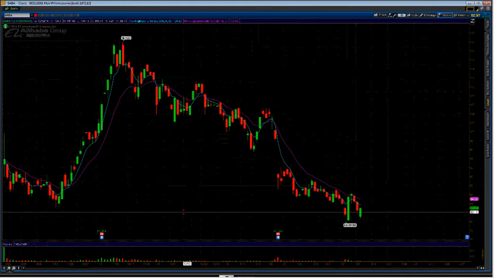Now, let's think about what would give you your buy and sell signals. What gives you your buy and sell signal with a MACD? What gives you the buy signal for starters? And some might say green line crosses above red line. Well, in this case, the blue line would be like the green line. The purple line would be like the red line.